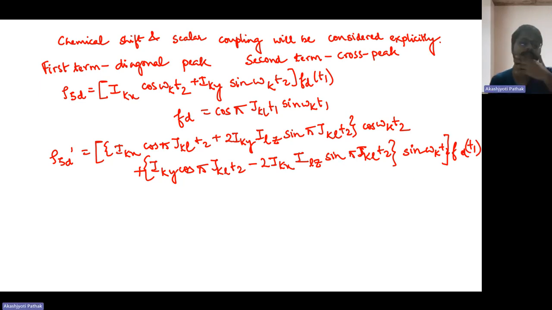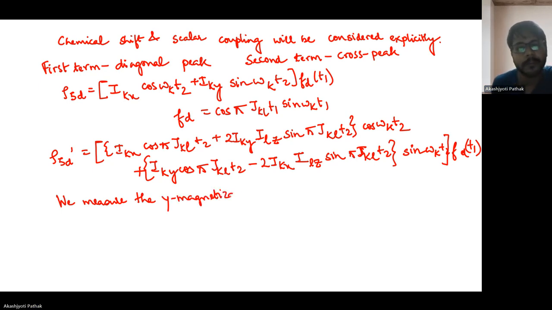Is it clear now? So since we are measuring the Y magnetization, what will the observable signal be? How do we get the observable signal? We had discussed finding the trace.